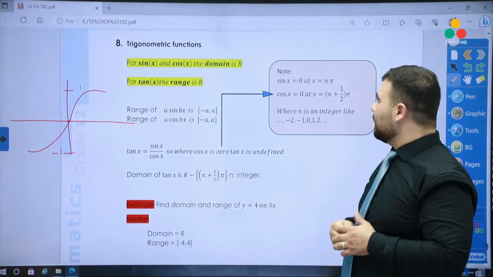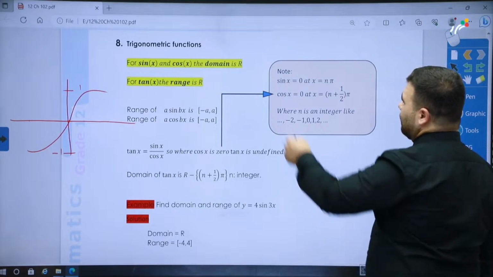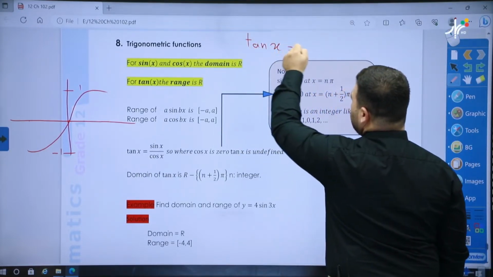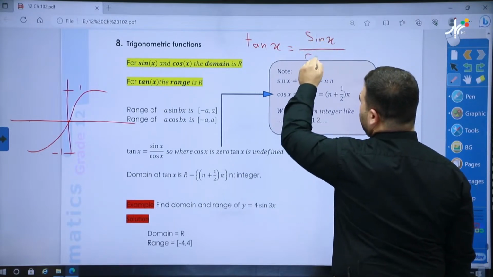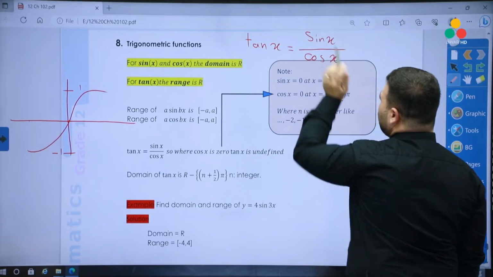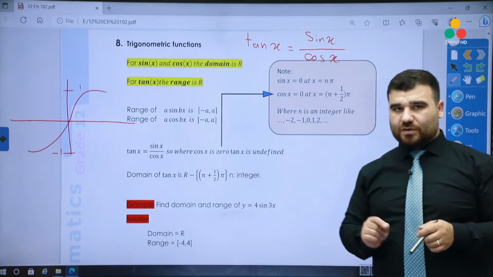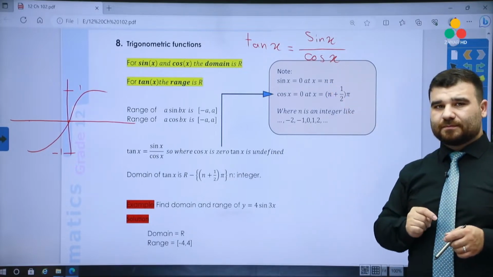Then there is a note. Tan is equal to sine over cosine. Tan x is sine x over cosine x. This means wherever cosine is equal to 0, tan has a problem.